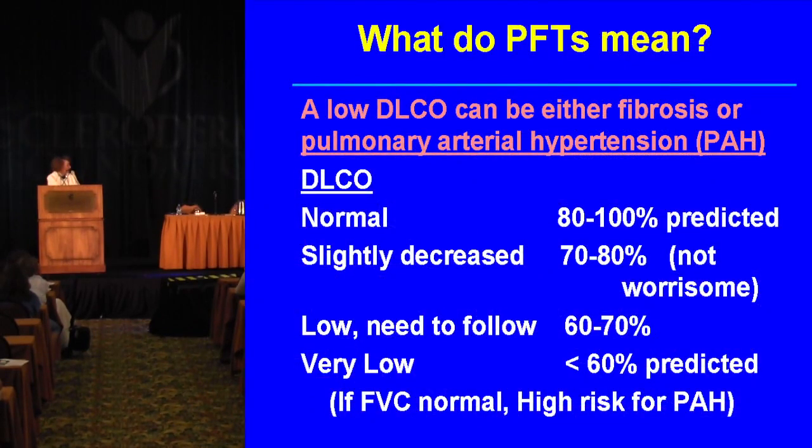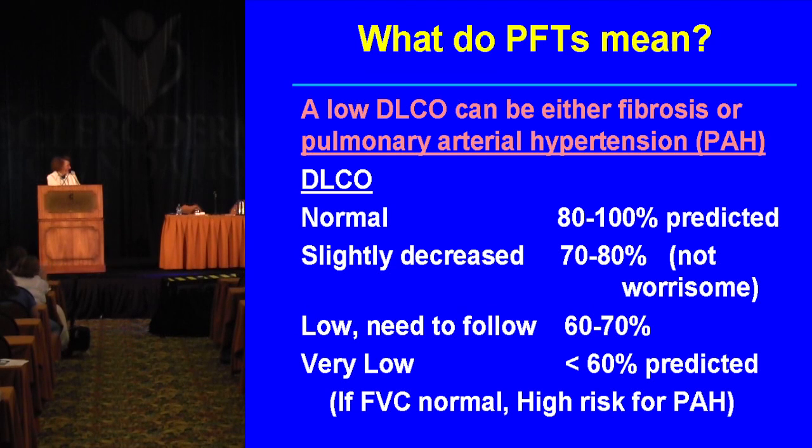The diffusing capacity, as I said, the DLCO, is something that is lowered in both pulmonary fibrosis as well as pulmonary hypertension. It's sort of the same type of numbers here. 80% is normal, 70 to 80, 60 to 70, we follow it.